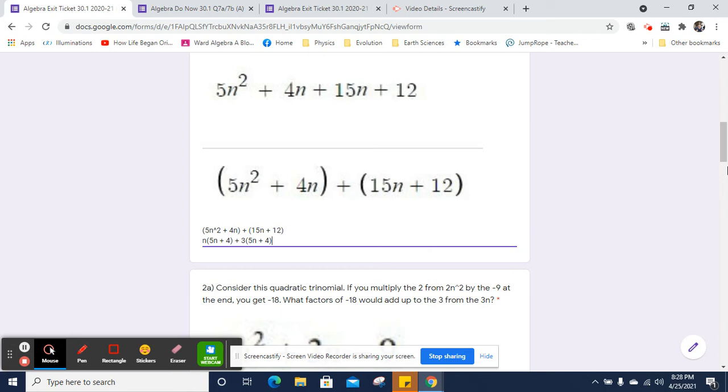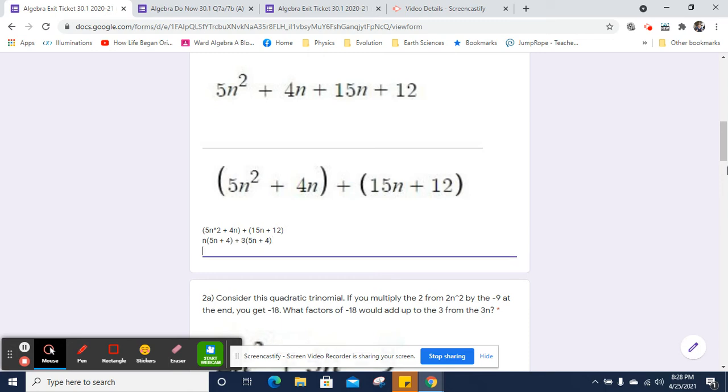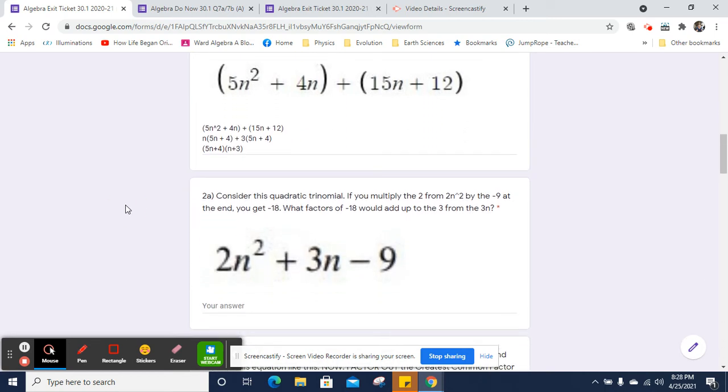I've got a 5n plus 4 and a 5n plus 4, so I can use the distributive property. 5n plus 4 is a factor that's shared by n and 3. So I can make it a factor of the sum of n plus 3. And I have factored that quadratic. When you multiply that out, it will work.